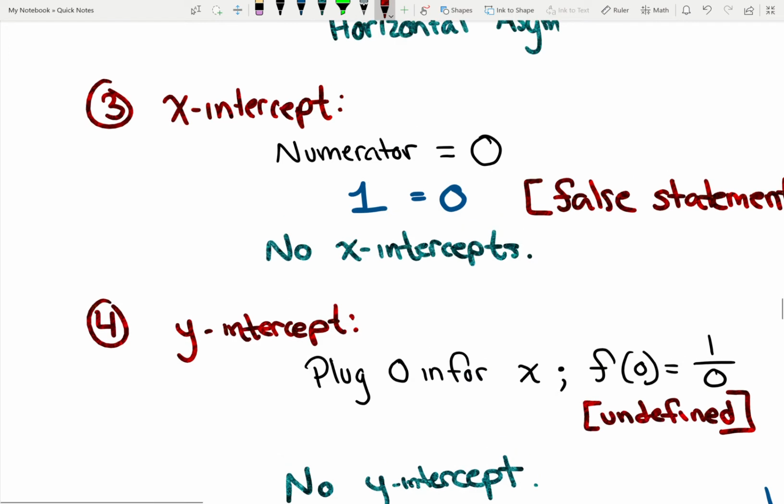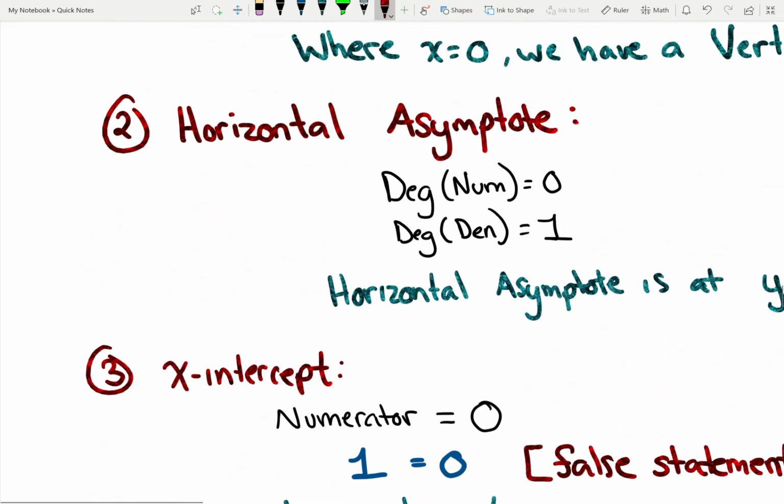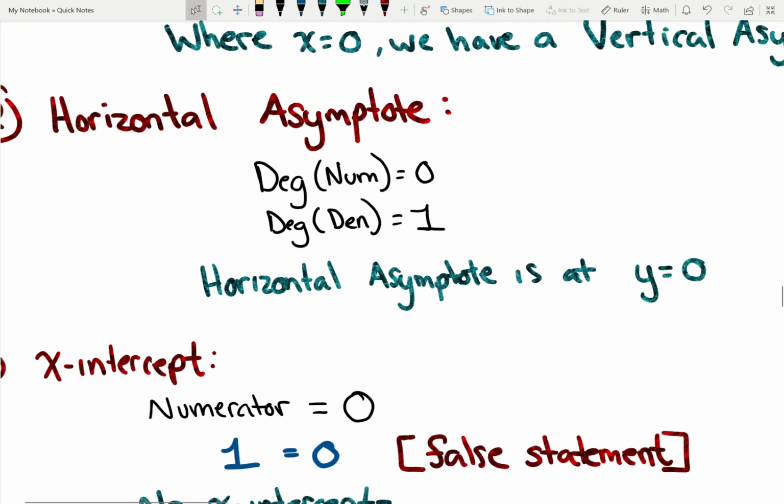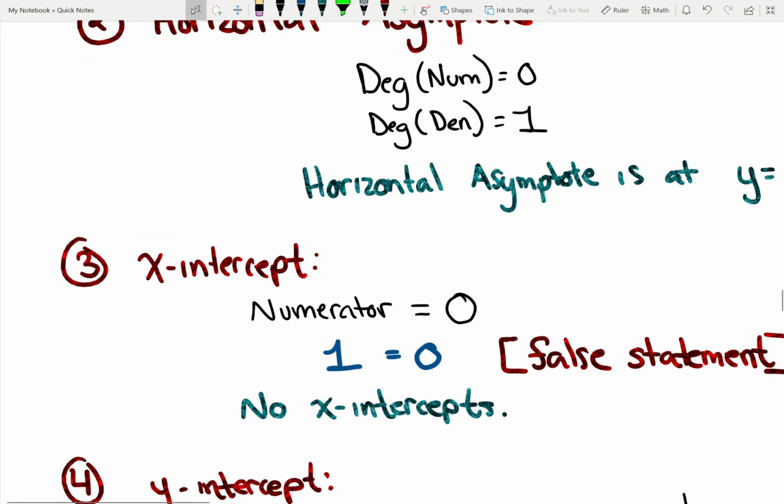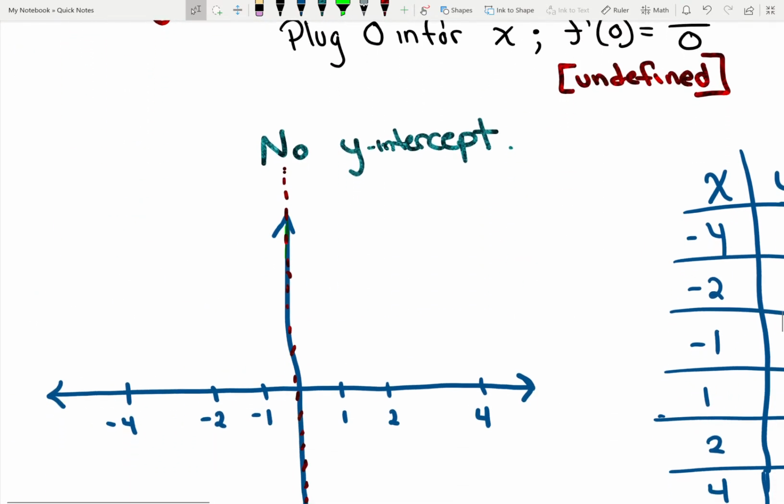Okay, let's look at what else we know. Well, we have a horizontal asymptote at y equals 0. So where is y equals 0 on my graph? Well, y equals 0 is on my x-axis. So that means my graph does not cross this guy either.